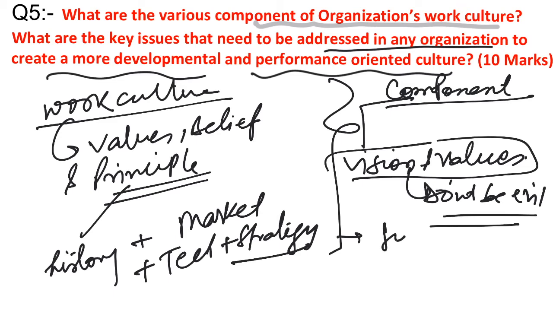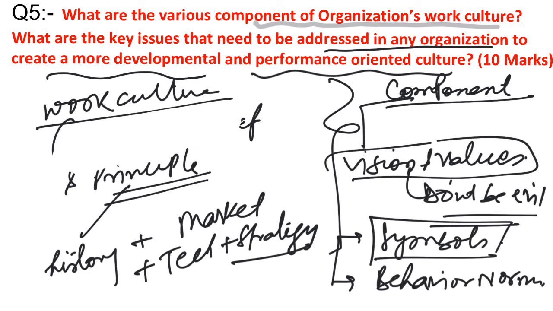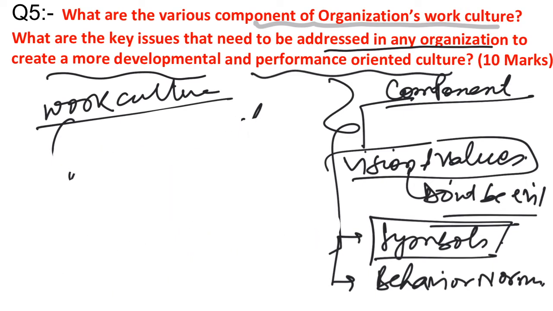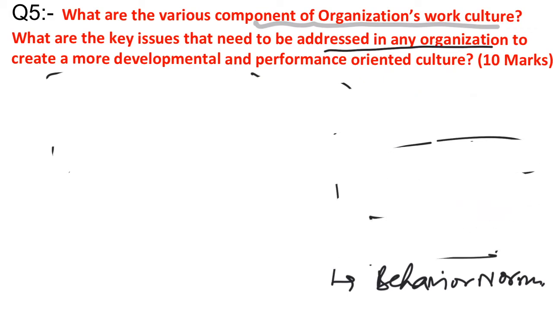Then you can talk about symbols, the logo. The logo of any company represents the beliefs, ideas, and expectations of the employees and the customers. Then you can talk about behavioral norms, that is, what behavior is expected or accepted in the organization. It should be clearly mentioned, and this is one of the components of organizational work culture.